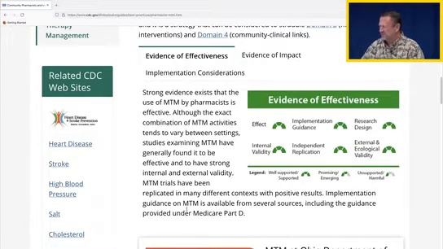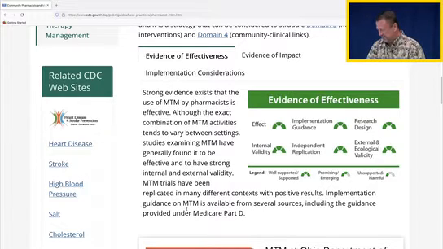Strong evidence exists that the use of MTM by pharmacists is effective, very effective, although the exact combination of MTM activities tends to vary between settings and patients. Studies examining this have generally found MTM to be effective with strong internal and external validity.